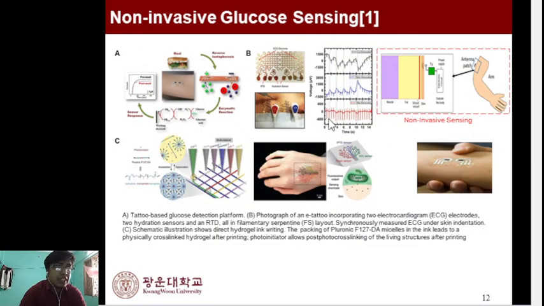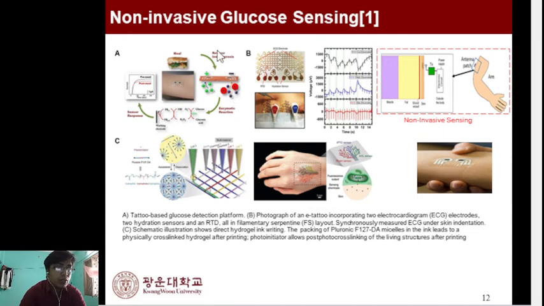Another glucose sensing technique is non-invasive. Here you see that the non-invasive technique interacts with the skin and the sensor, without any needle or anything like that. The electrodes are placed on the skin, one negative and one positive electrode.